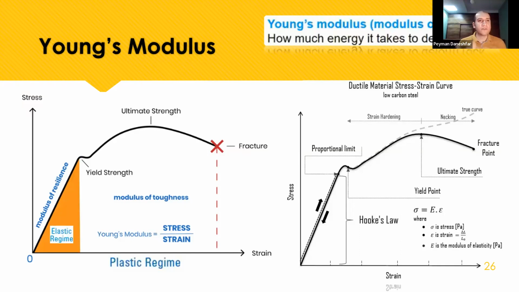What is the toughness? I will talk about it later. Yes, because now I want to push it or pull it, okay? But now it's separated. Now deforming. Now the fracture will happen.